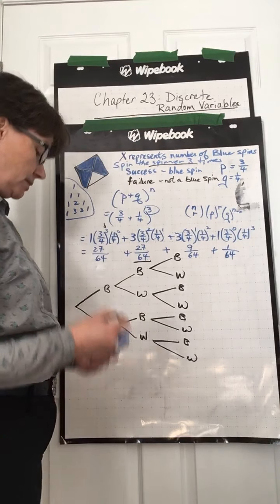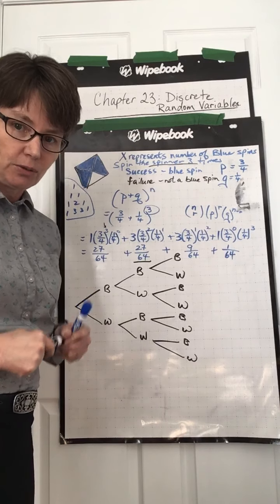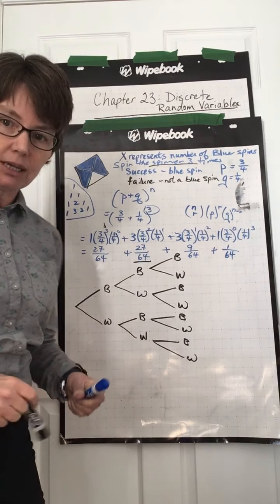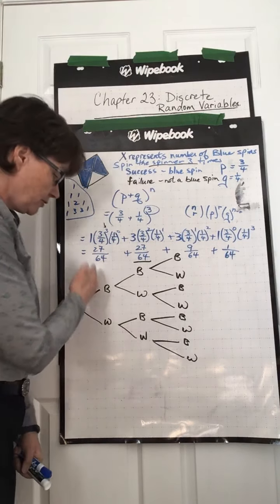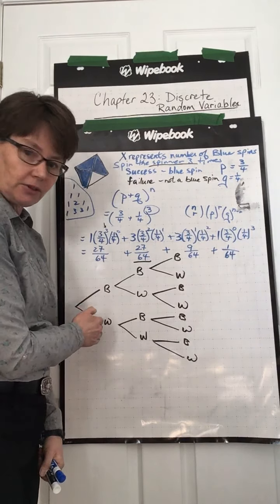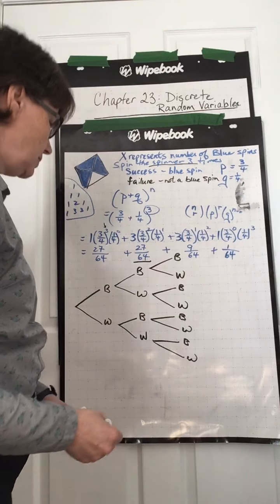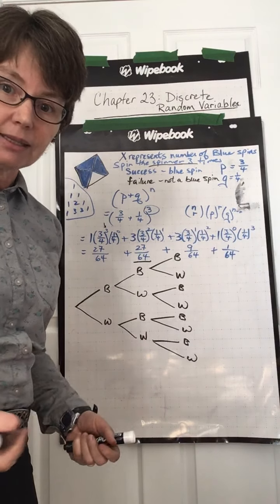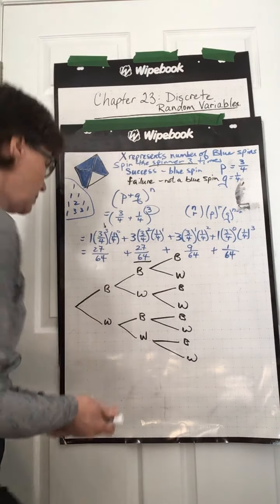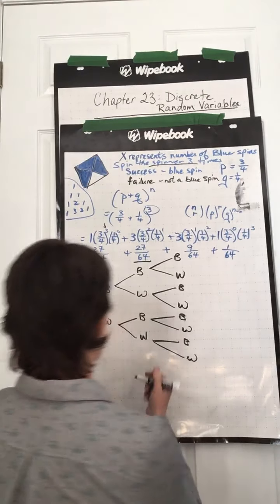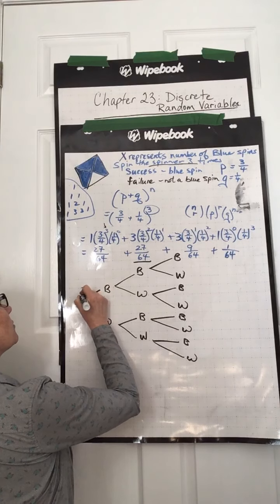Okay, so if we think about chapter 22, probability, and we have a tree diagram, the first branches in the tree represent the first spin, second spin, third spin. The probabilities for each of these will remain the same, independent trials, they're independent. So for every one of these, the blue will be 3/4.